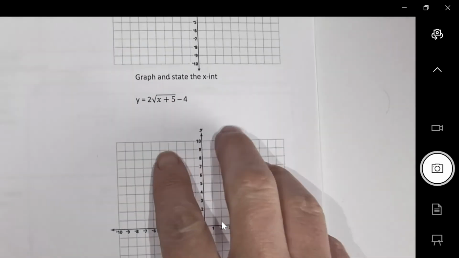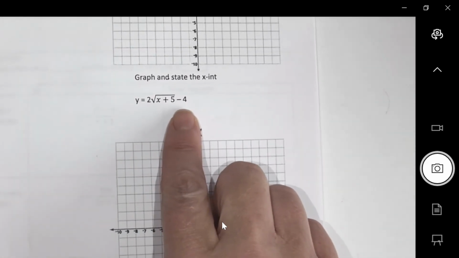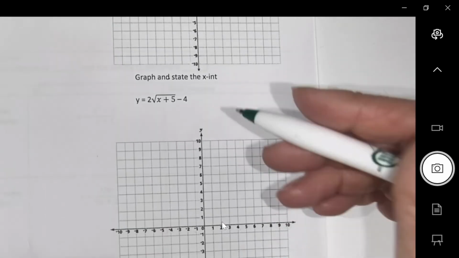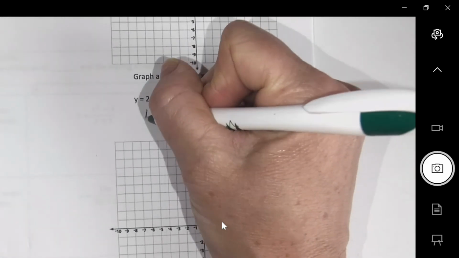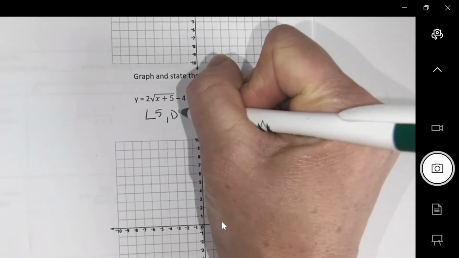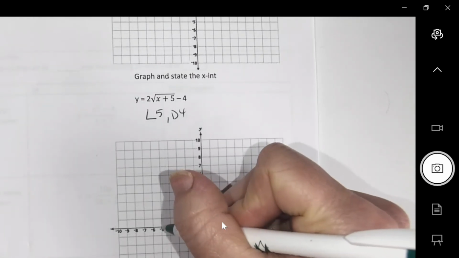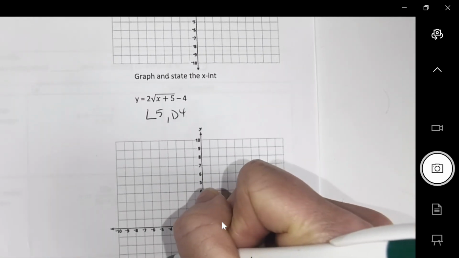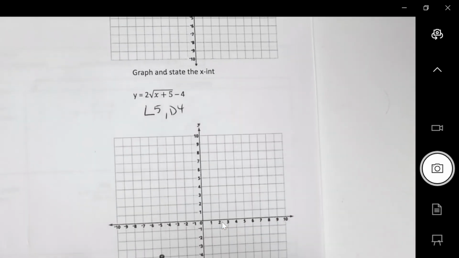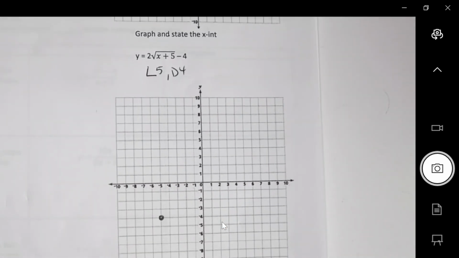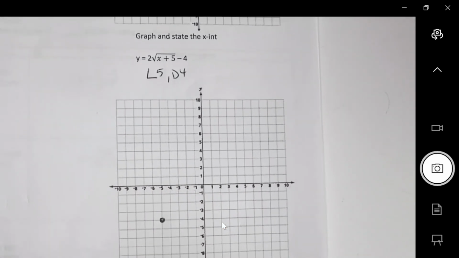Okay, let's graph this same equation. Everything was moved. Okay, I'm going to be going left 5, down 4. And I'm going to put my starter point. Left 5, down 4.